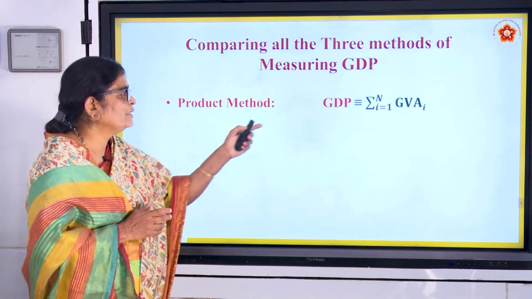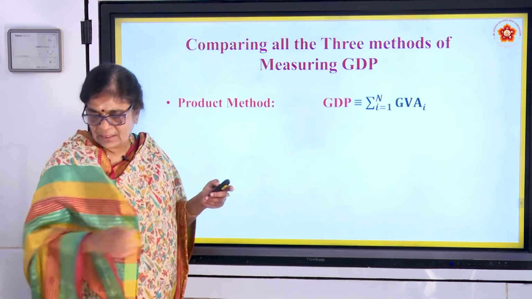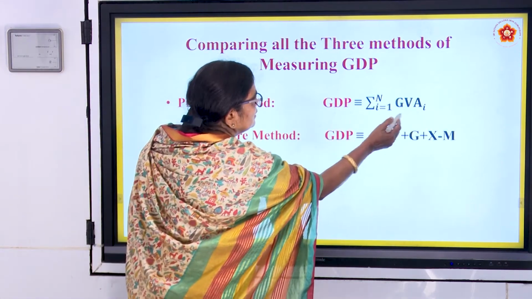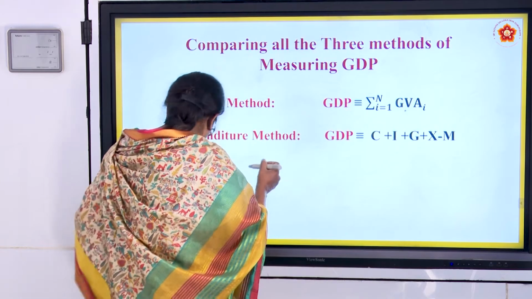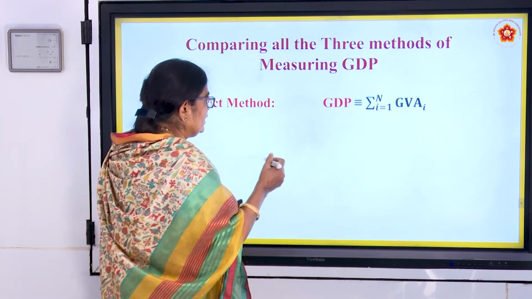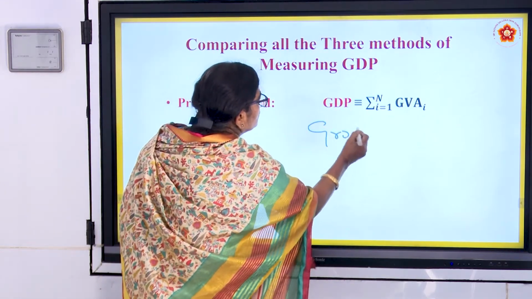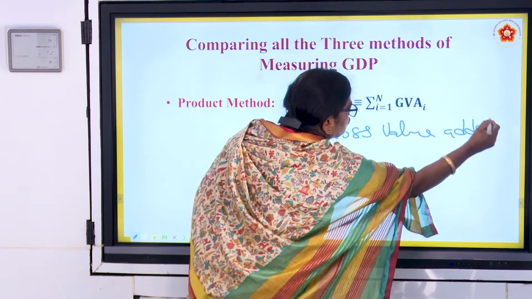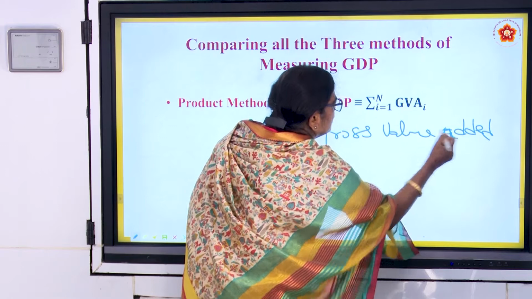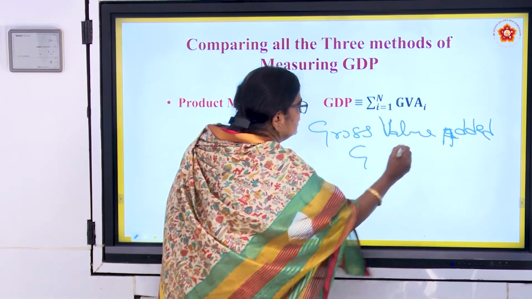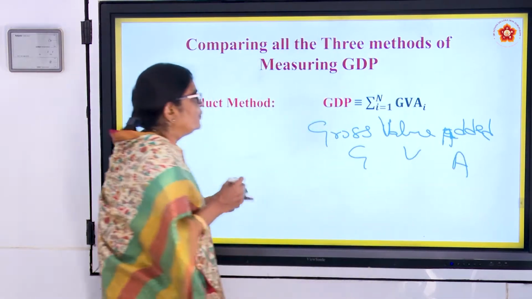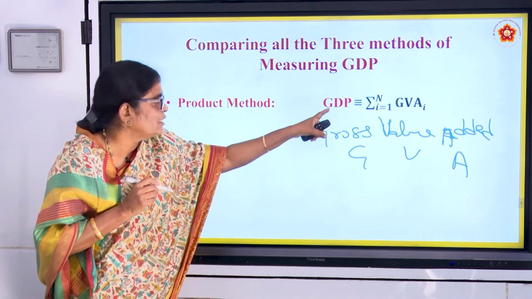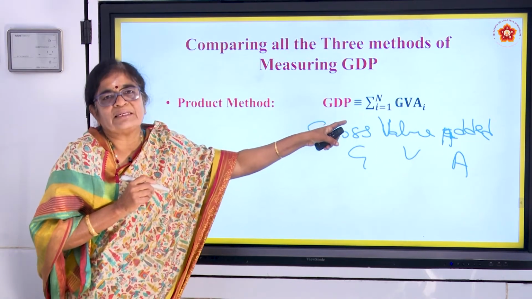Now, the product method, the value added method, we have seen. What is the equation? This is gross value added, GVA. This is GVA, already we have seen, because the value added is totaled up or summed up. That is why it is called gross value added.